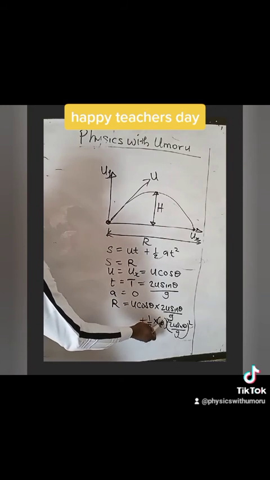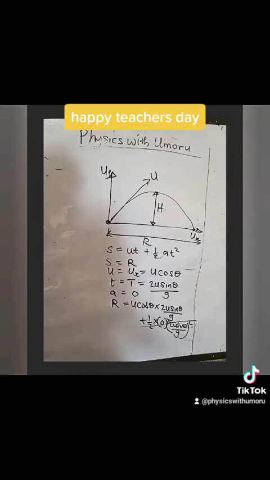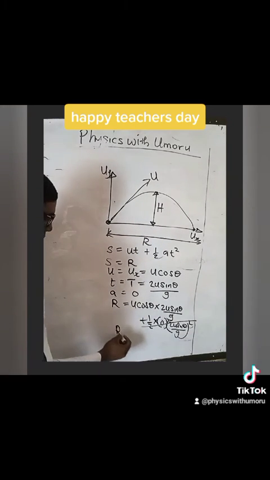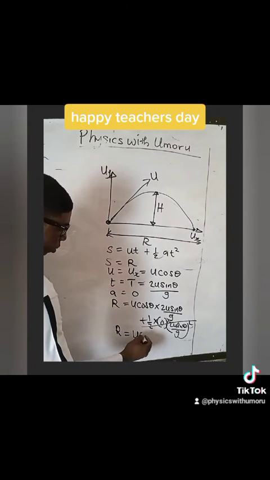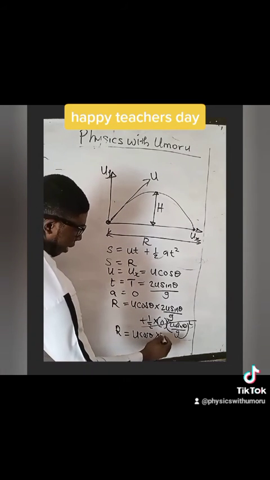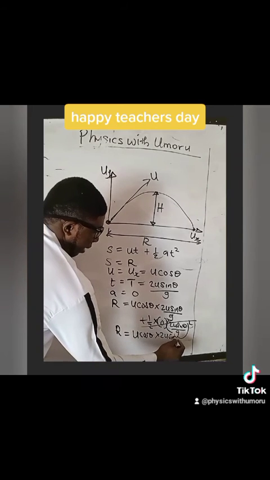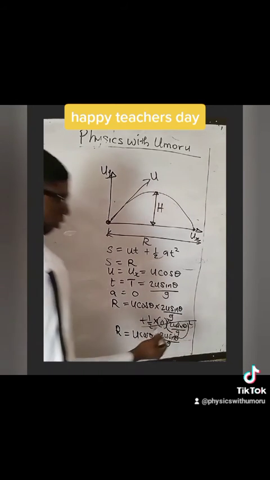Because we have 0 here, everything here is going to be 0. So finally r is equal to u cos theta times 2u sine theta all over g.